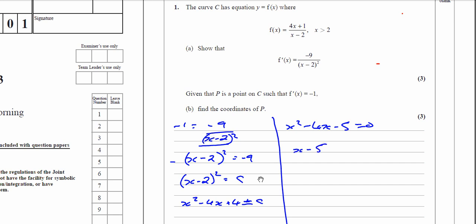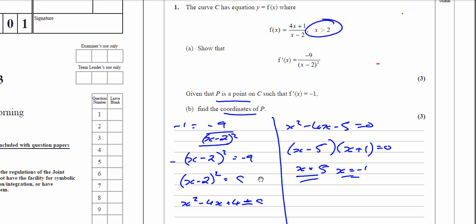So x minus 5, x plus 1 equals 0. Then x equals 5 and x equals minus 1. Now it says here find the coordinates of P, or given that P is a point, it's not a series of points, it's just one point. So therefore we can't have two x values. So what we do is we have a look, and x has got to be greater than 2, so therefore we don't accept that one. So we've got x equals 5.